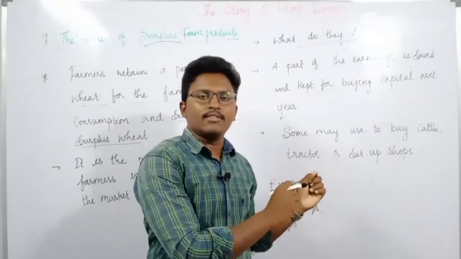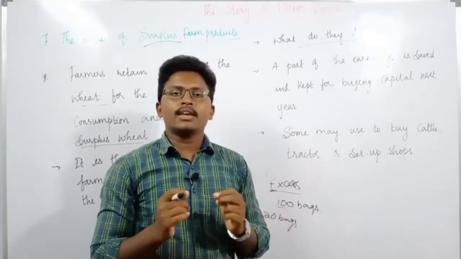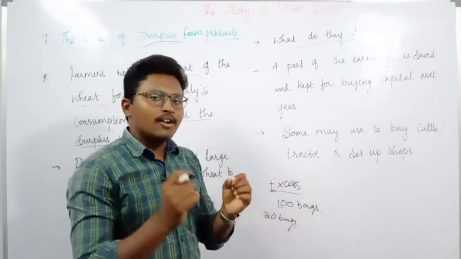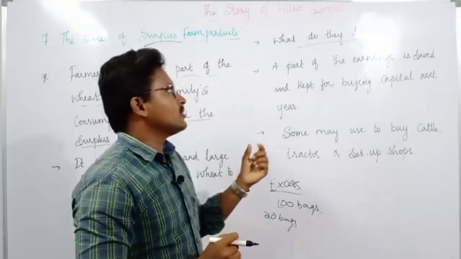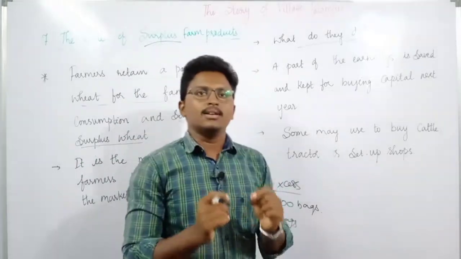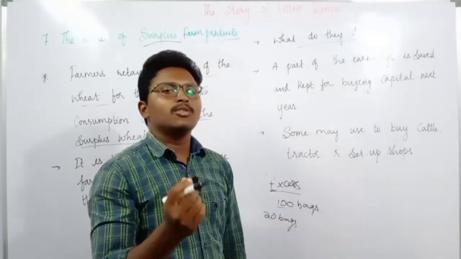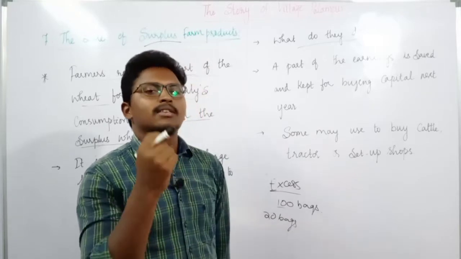As I told you when we discussed capital, medium and large farmers get their capital from their savings. After selling the surplus grains, some of the money they keep for next year, to use as capital to buy some goods.